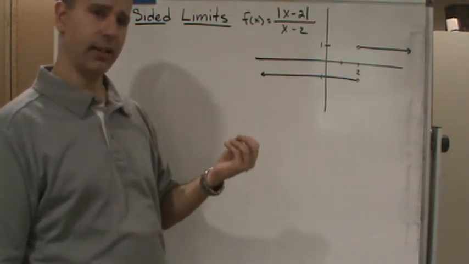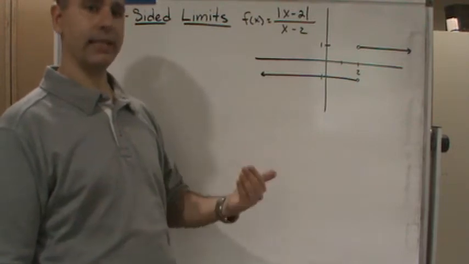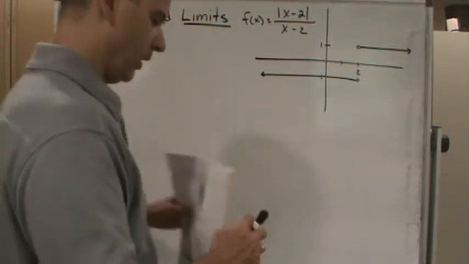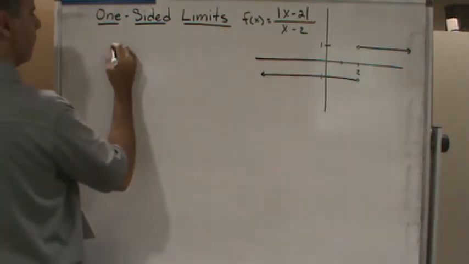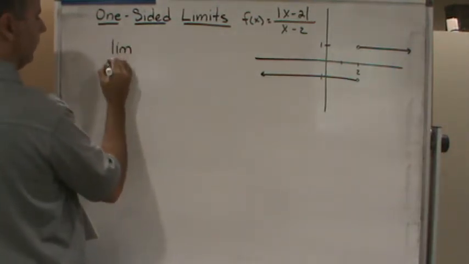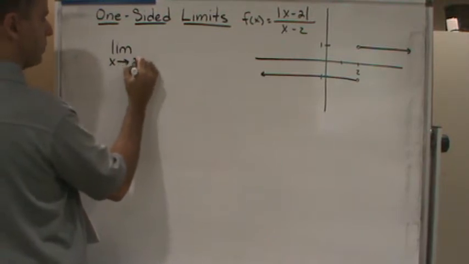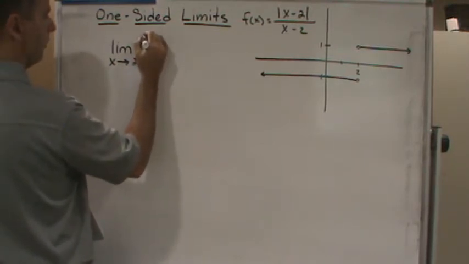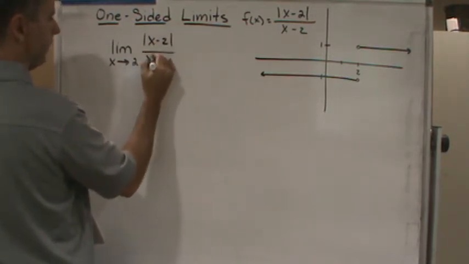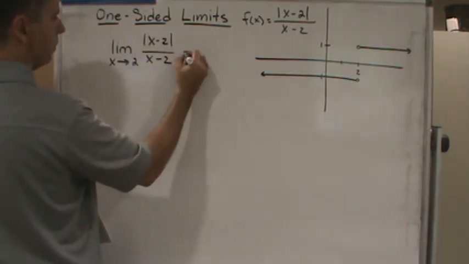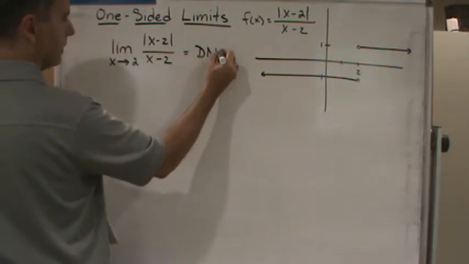So since they're not going to the same value, we say the limit does not exist. So again, what we would say is that in this case, the limit as x approaches 2 of the absolute value of x minus 2 divided by the quantity x minus 2 does not exist.